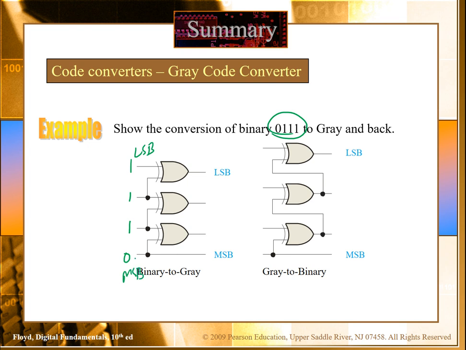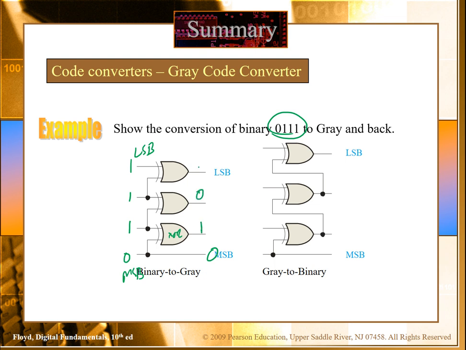Then just make the XOR gates here. Remember the XOR truth table: if you have different inputs at the XOR gate, you get high, and if you have the same kind of inputs, you get 0.